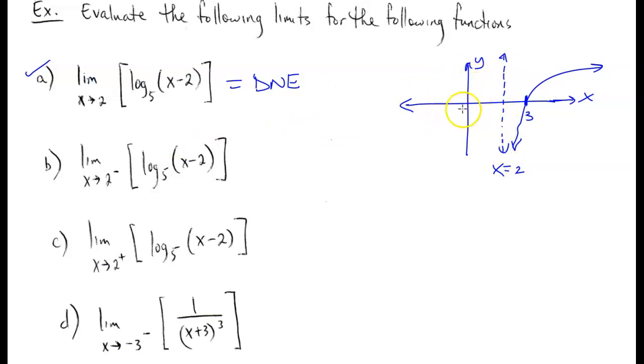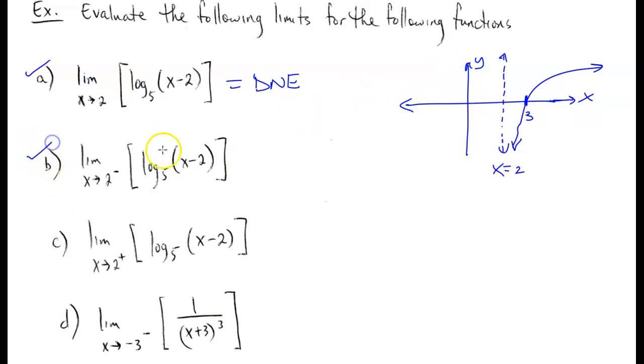Since our graph does not exist for values of x that are 2 or lower, there's nothing to study. So although the behavior from the right may be going down to -infinity, from the left there's nothing there. Okay, so we can't even put a plus or minus infinity there because there's literally nothing here to evaluate.